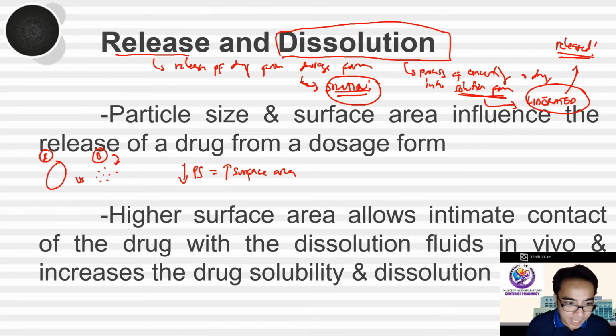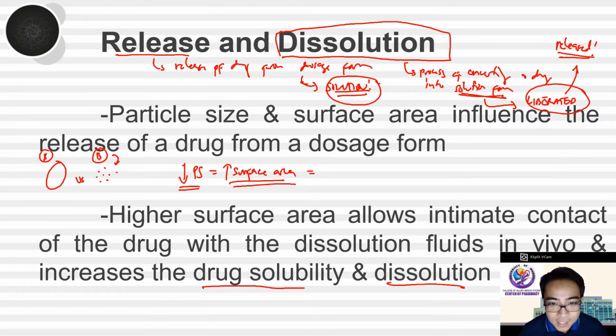Right? So basically, class, a decrease in particle size, again, increased surface area. And therefore, class, what happens now to dissolution? Sabi natin, pag mas mataas ang surface area, mas mabilis mabasa yung particle. So pag mas mabilis siya kasi nababasa, ano nangyayari sa solubility niya?